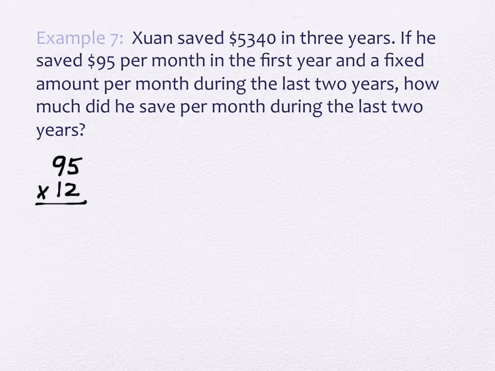All right, so this problem right here, let's do it with our standard algorithm first, and then we'll do it with another algorithm, and you guys can pick. I don't care. So what would we do to multiply standard algorithm? 2 times 5, which would give me 10. I write a 0, and I carry a 1. And then I would do 2 times 9 to give me 18, plus my 1 is 19.